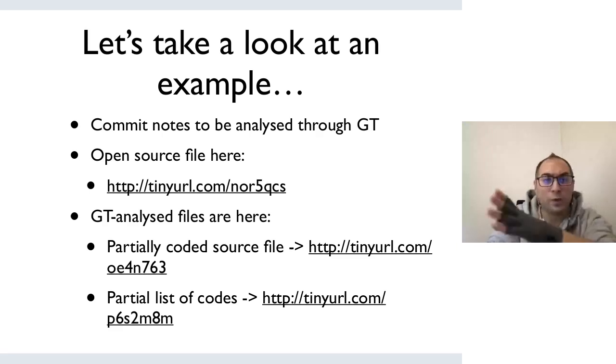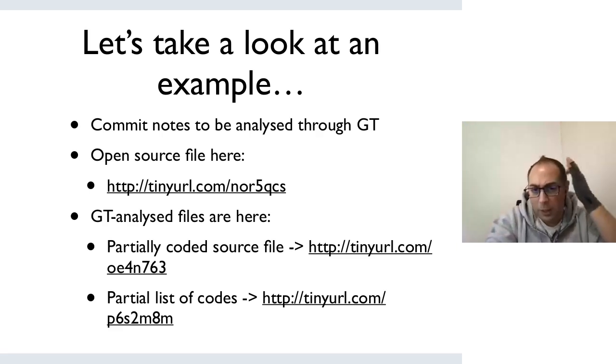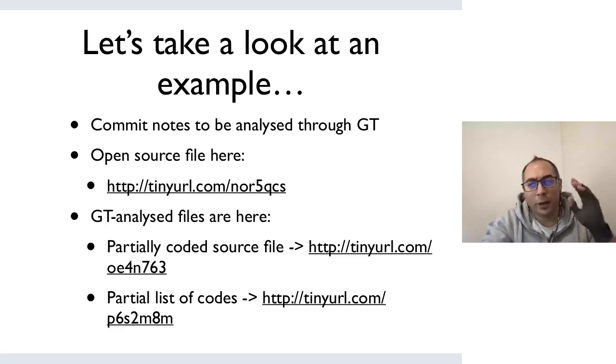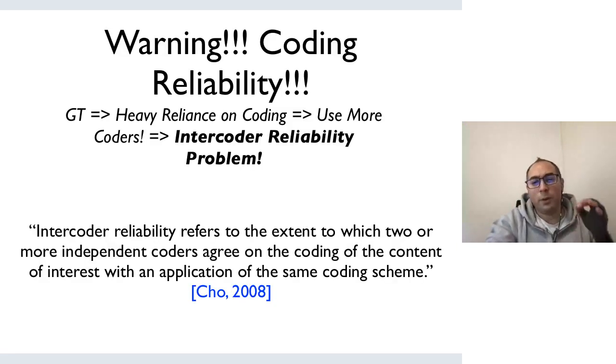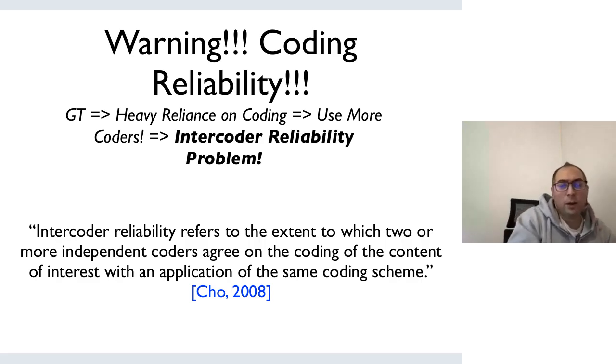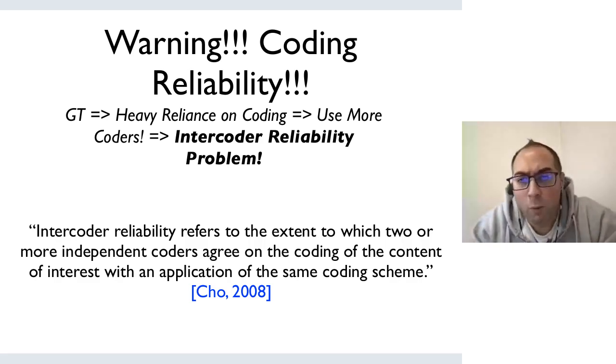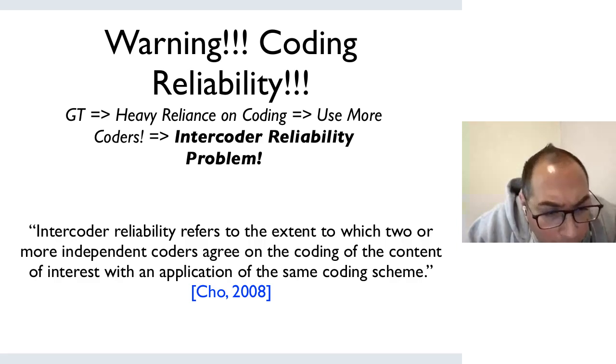Obviously, the codes themselves need rigorous definitions. I will leave the example for you. Again, as I already stressed, intercoder reliability: there are all sorts of approaches to do it. I stress that all of the coding exercises that are part of grounded theory necessarily need more than one observer.